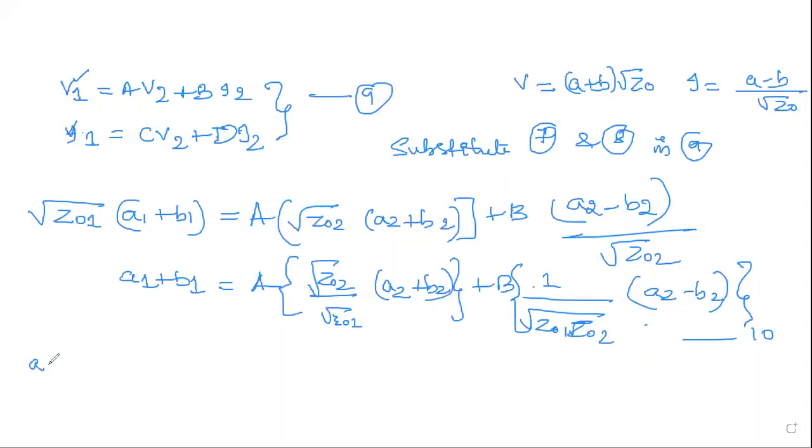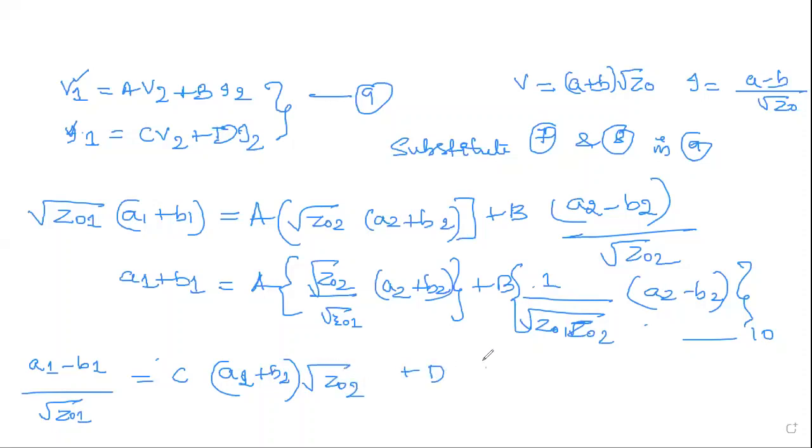I1 can be written as A1 minus B1 divided by square root of Z01, which is equal to C into A2 plus B2 into square root of Z02 plus D into A2 minus B2 divided by square root of Z02.